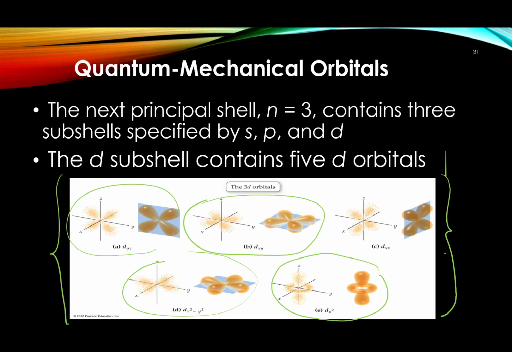That's the d orbital. Starting at energy level 3, we have s, p, and d orbitals. D orbitals are a combination of, as you could see here, px and py orbitals, or a combination of an s and a p orbital. As I told you guys, you don't need to be able to draw d orbitals. As long as you could remember the shape that represents a d orbital, I'm fine.